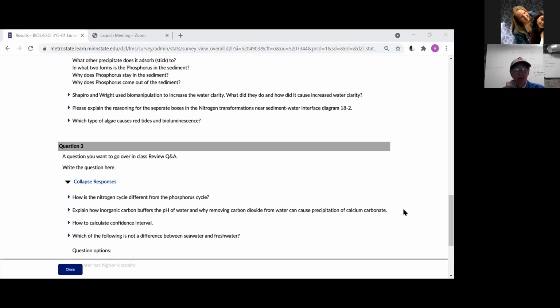Explain how inorganic carbon buffers the pH of water and why removing carbon dioxide from water can cause precipitation of calcium carbonate. Well, you see that question and you've got to think carbonate buffer system. So let's draw the carbonate buffer system.